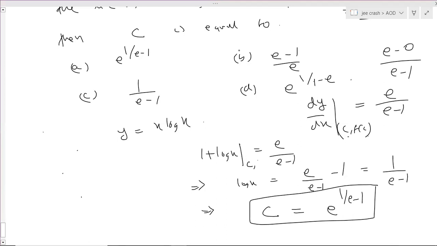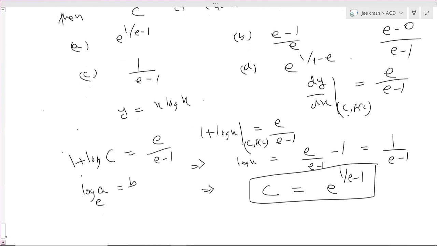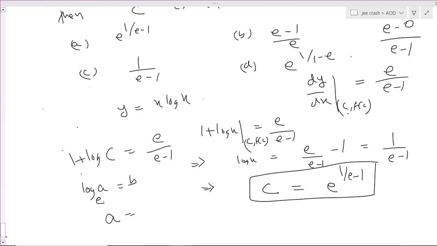So here we have to put this, so this becomes 1 plus log c. Right? So how to shift the log? If you have log a equals b, this is base e. So if you have to remove the log, then this becomes a equals e to the power b.